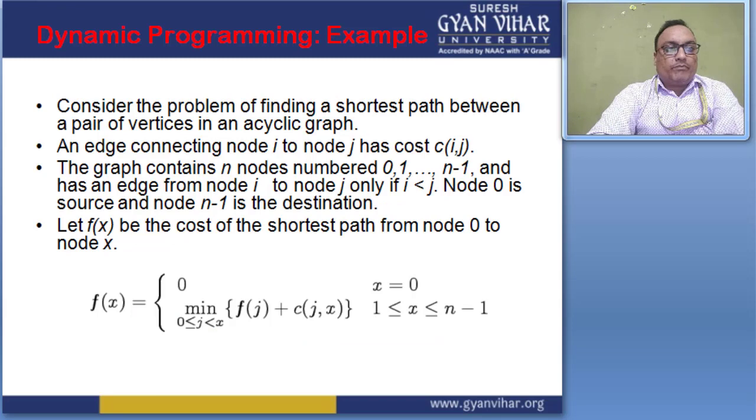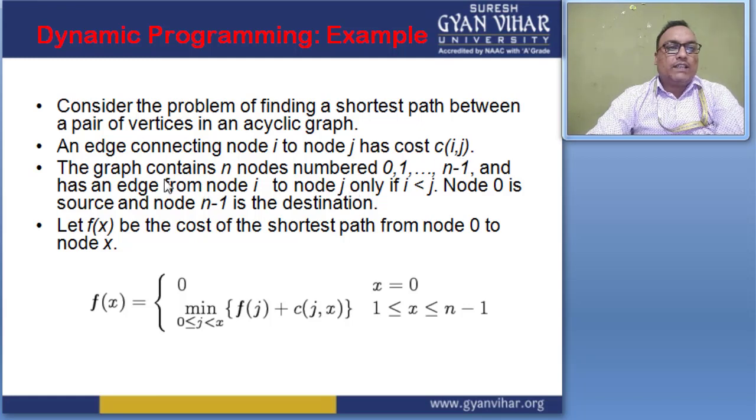Suppose this is one example. Consider the problem of finding the shortest path between a pair of vertices in an acyclic graph. An edge containing node i and node j has cost Cij. Here, suppose the source is i and j is the destination, and the cost to transfer the goods from source to destination is Cij.